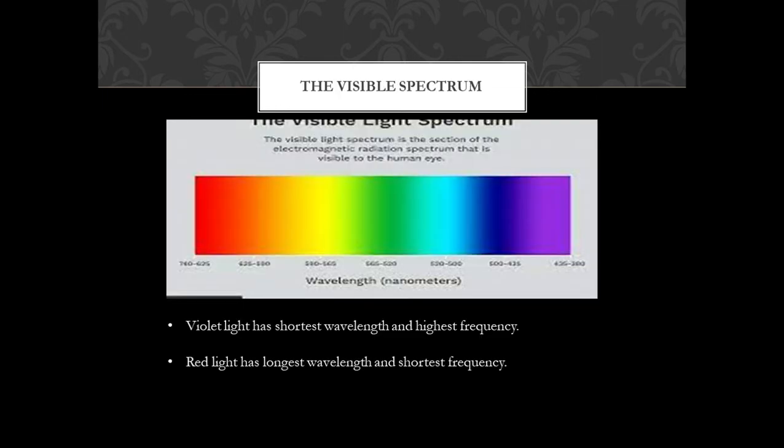So, firstly, you need to have a prerequisite understanding of the visible spectrum of light. Now, the thing is, light travels in the form of waves. Like ripples in a pond, you can think of light as ripples within the electromagnetic field.